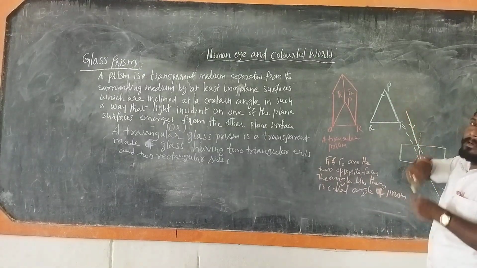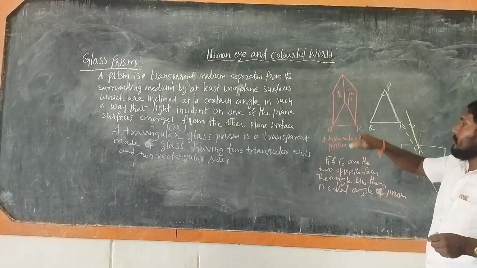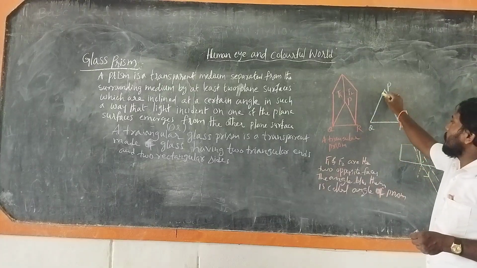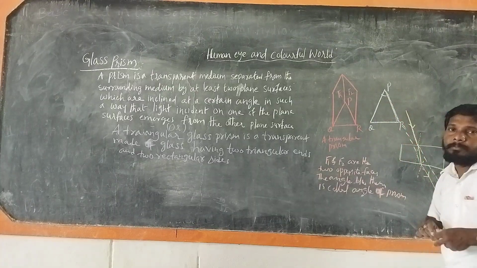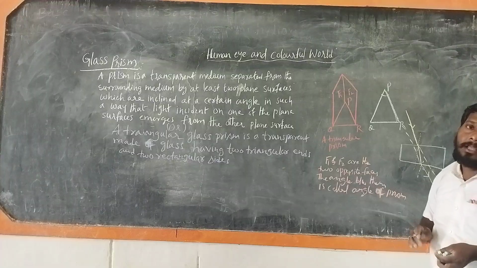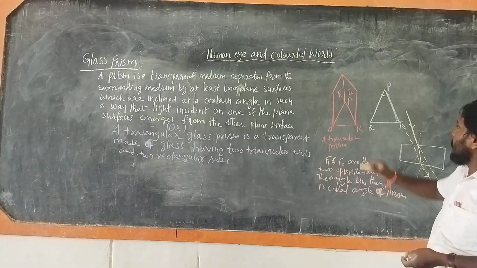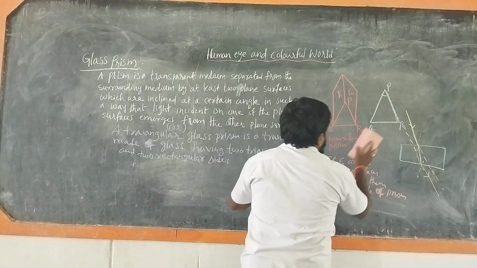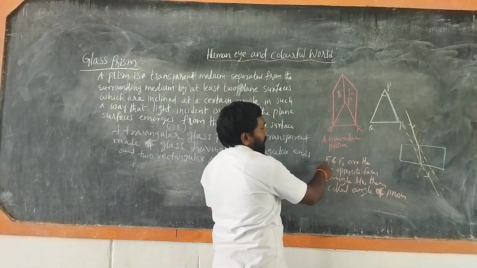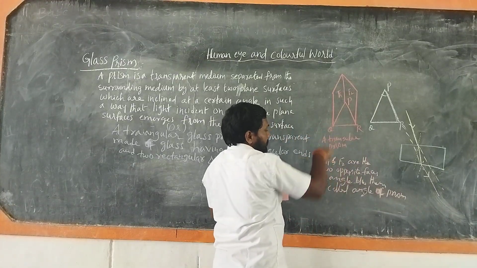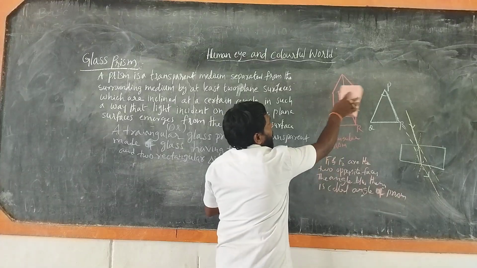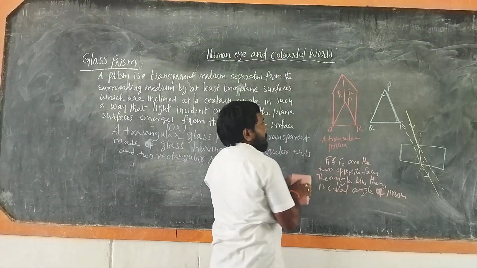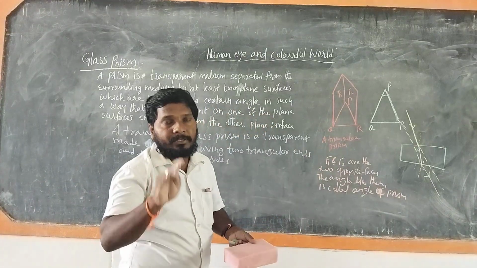While drawing diagrams, we can simply draw the prism as a triangle. Here the two faces are the opposite faces, and the angle between these two faces is called the angle of prism.